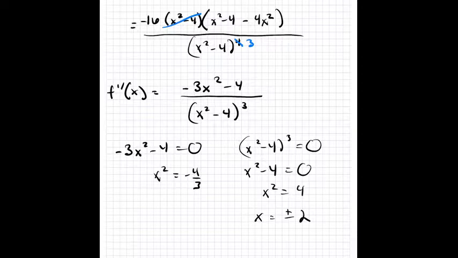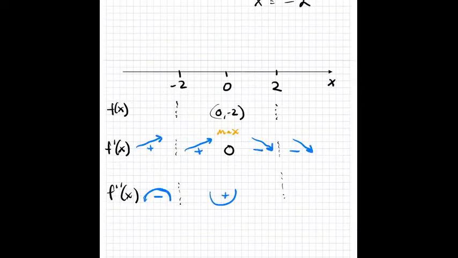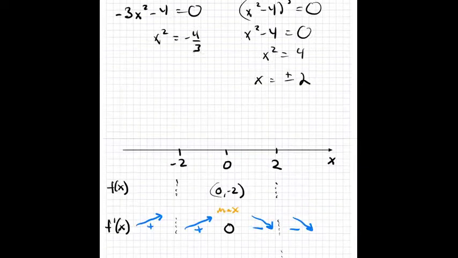So it should be negative over there. But you know that the asymptotes are not points of inflection, but the concavity changes there. What happens when we plug 0 in? Yeah, we get a negative result.